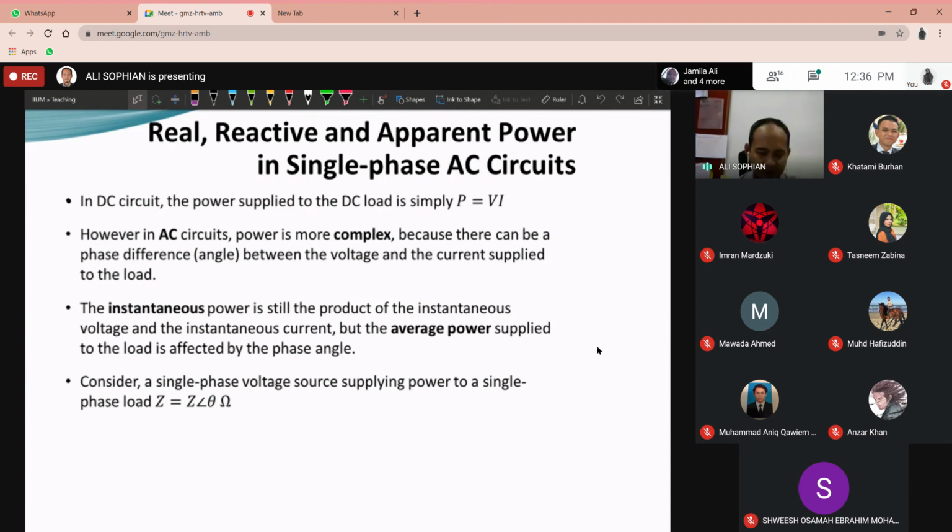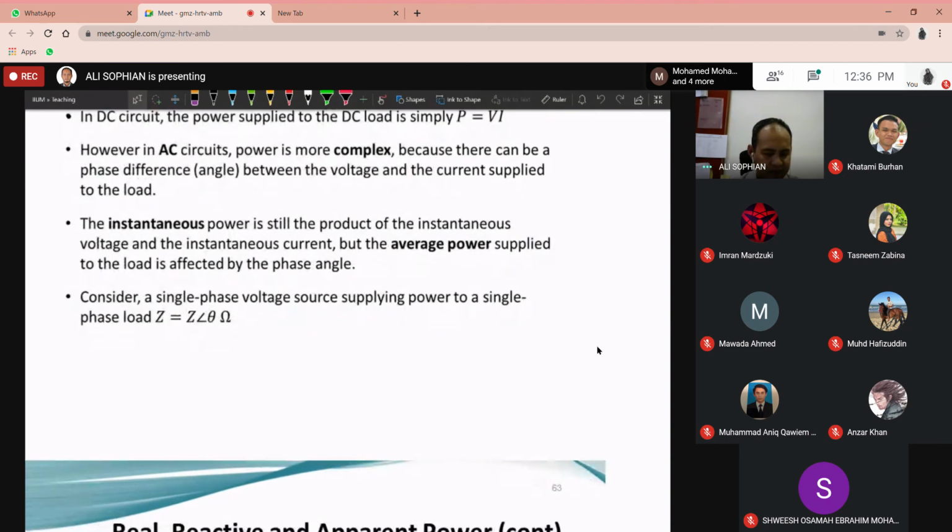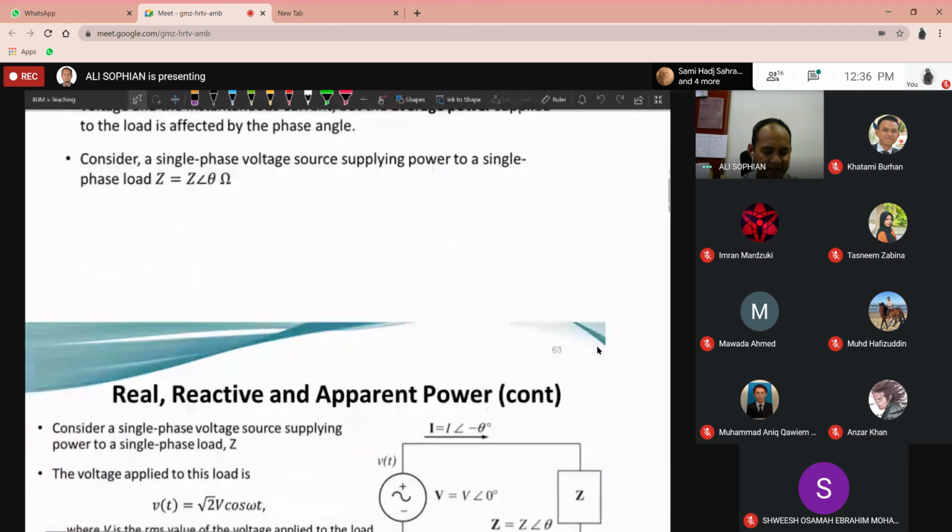Okay, now we are going to consider a scenario so that we can explain it in more detail. So consider a single phase voltage source supplying power to a single phase load Z with the impedance Z angle theta.